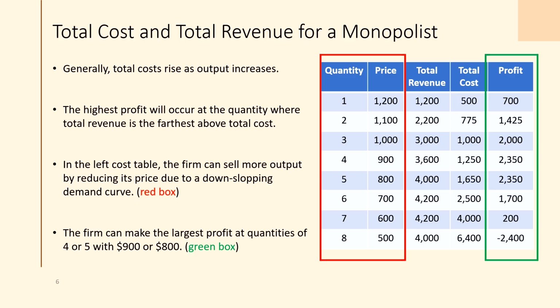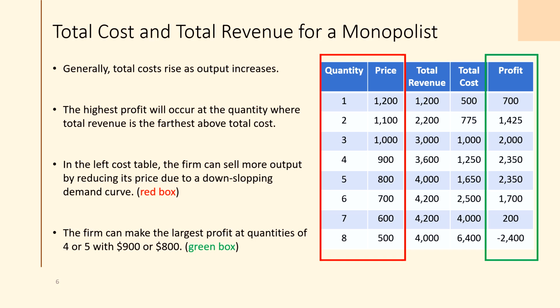Let's look at the table. As output increases, total cost generally rises. At the same time, total revenue changes in an interesting way. Because demand is downward sloping, the monopolist can sell more output only by lowering price. For example, to sell one unit, the price is $1,200. To sell 5 units, price falls to $800.